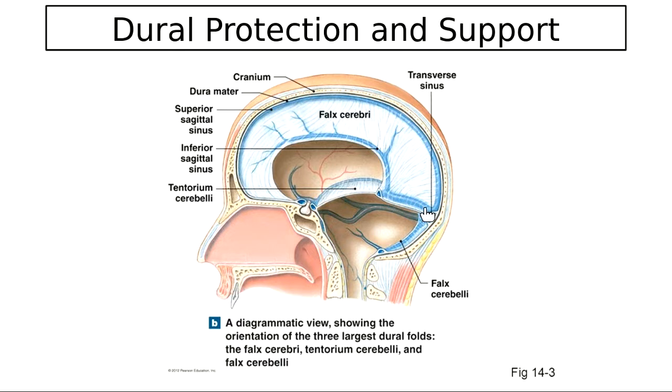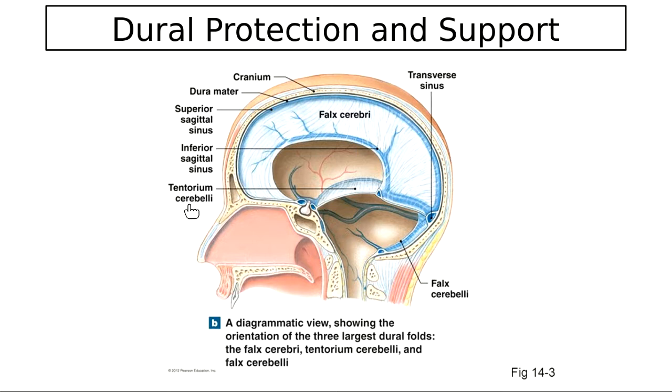There's also one between the hemispheres of the cerebellum, called the falx cerebelli, which again helps stabilize the brain from going lateral. It also goes between the cerebellum down here and the cerebral hemispheres up here, called the tentorium cerebelli.